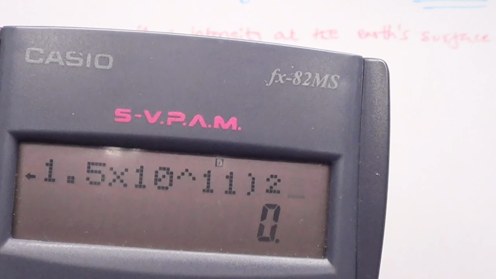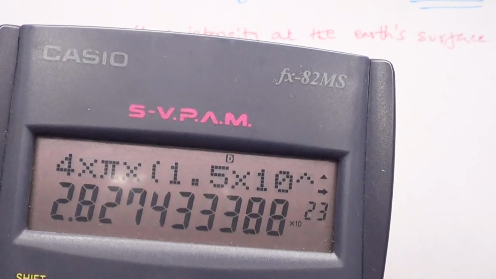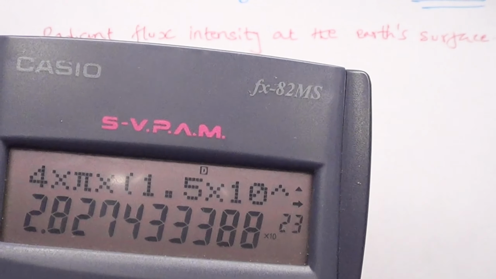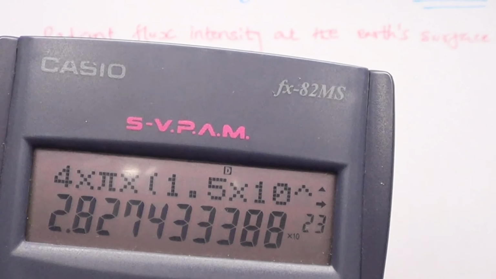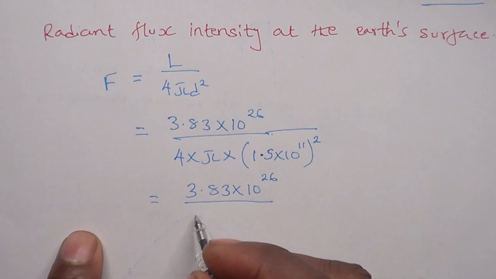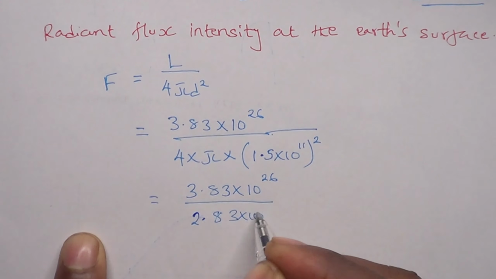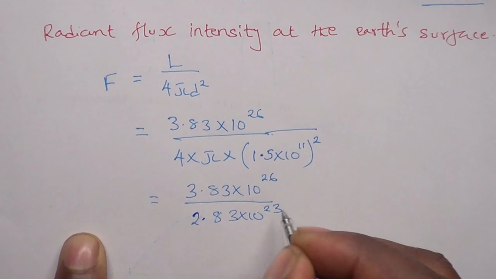Okay, you get this 2.83 times 10 power 23.